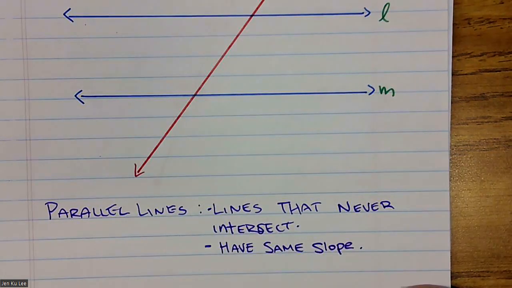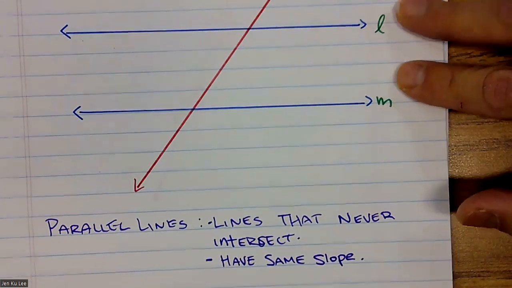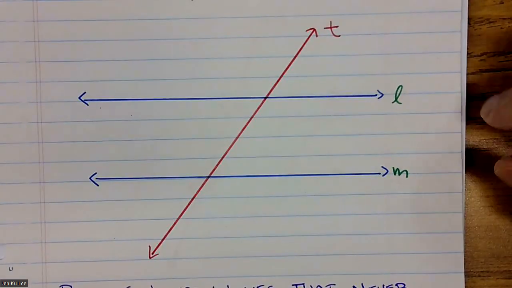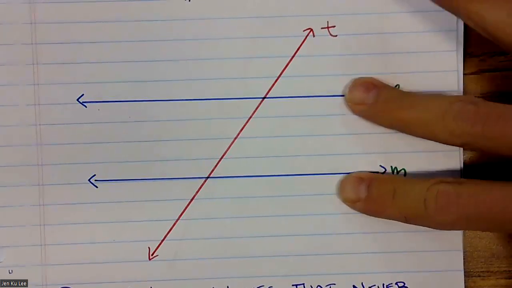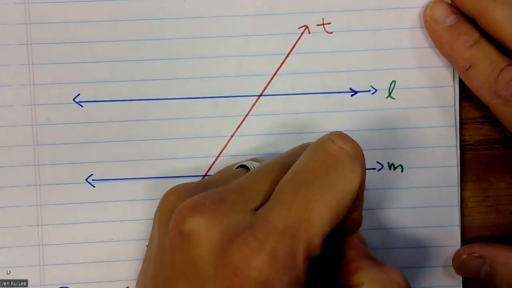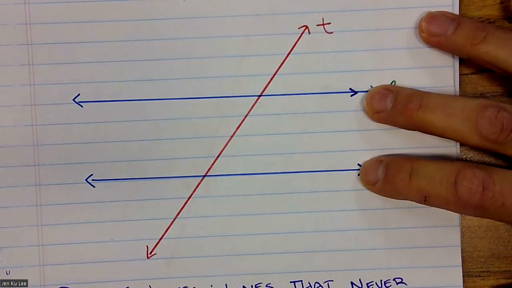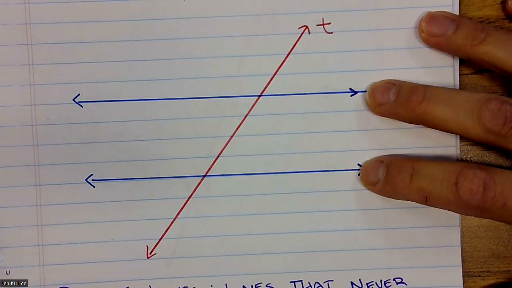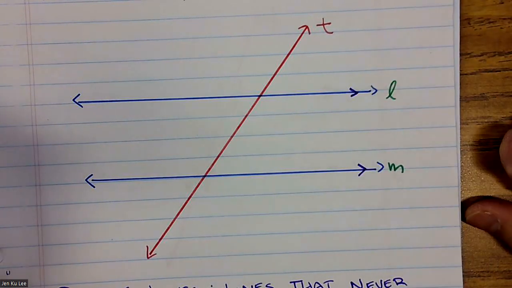Okay. And how we depict that in a picture like this, right? You guys know that line L and line M are parallel because they will never intersect, right? It's just these little arrows here. Whenever you see these arrows on a picture that's given to you, that means that they are parallel.